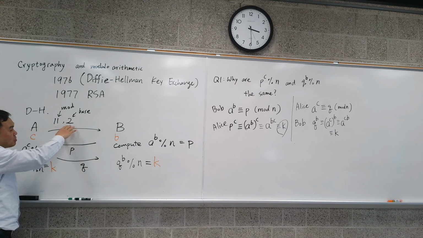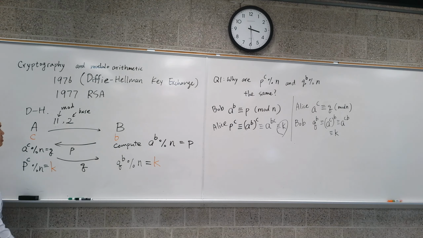And this number would be usually small. What I didn't explain is that this number has to be something called a primitive root, but let's not go into that. It's some small number, okay? And then let's choose, for Alice, let's choose 3. Oh, let me use a different color.